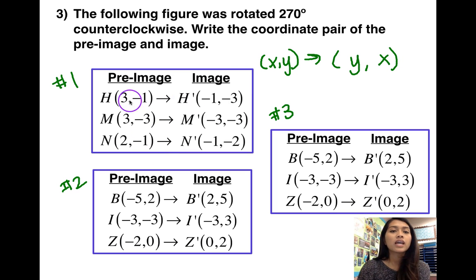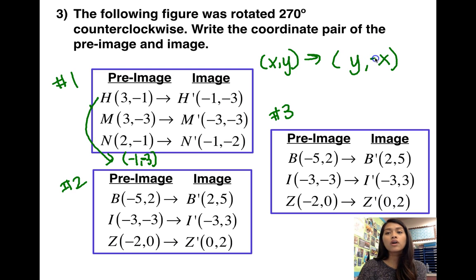Let's take a look. Here, this did switch, and if we did switch it, it would have led us to, let's say, negative 1, 3. But you see the result is actually -1, -3. So you're going to find that we actually had to find the opposite of the second value, which is the new y coordinate.